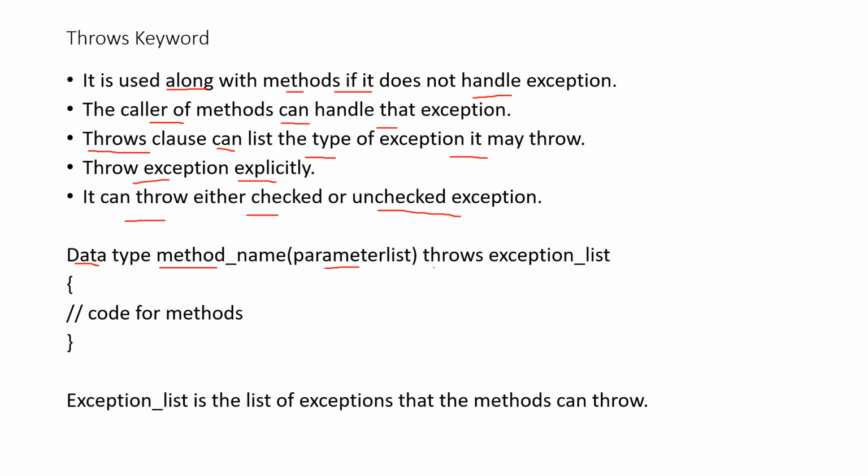Here we use throws exception. If this block throws an exception, that exception may be listed along with the throws clause. The exception list is a list of exceptions that the method can throw.